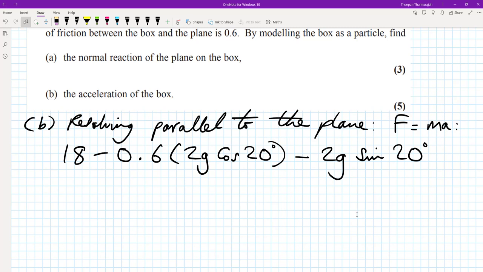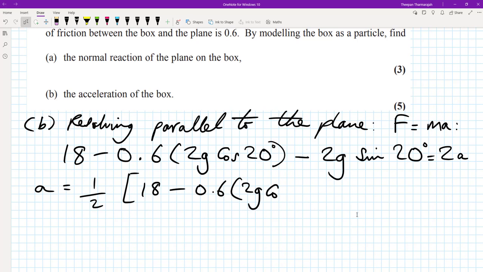So we get 18 minus 0.6 times 2g cos 20 minus 2g sine 20 is equal to the mass times acceleration. So we can divide it all by 2, and just type that straight into our calculator and we get our answer.